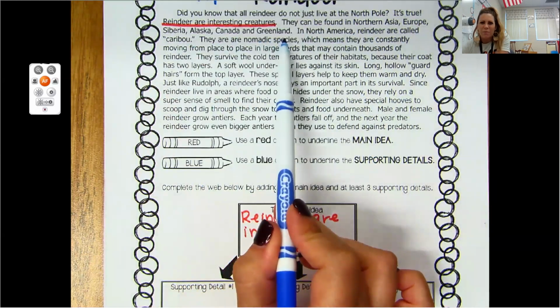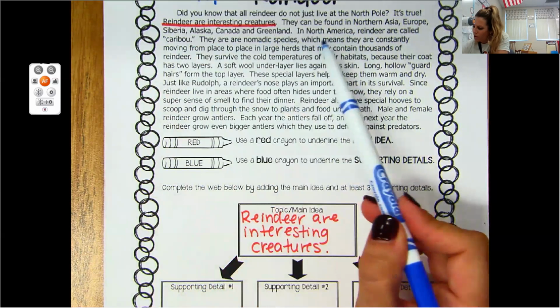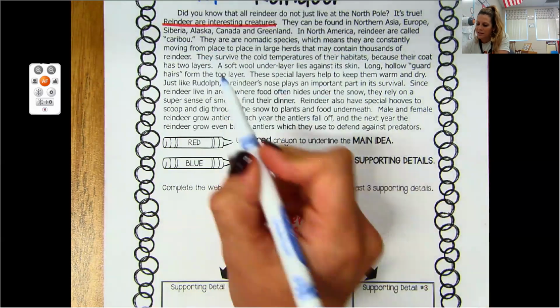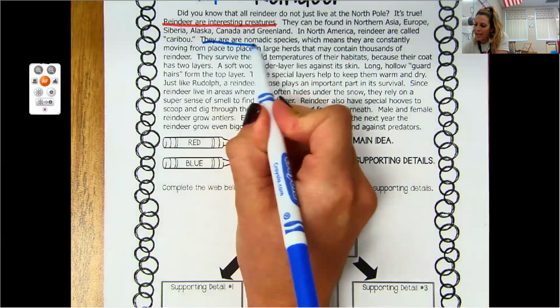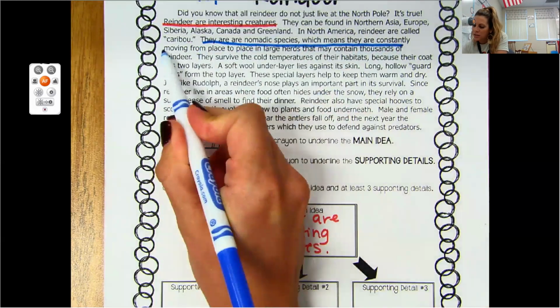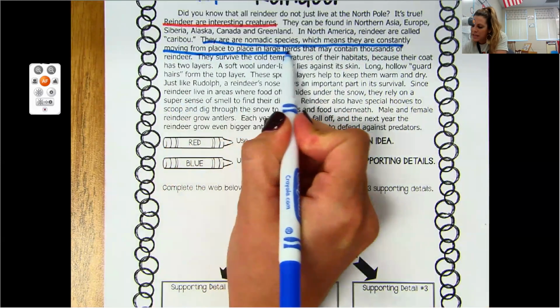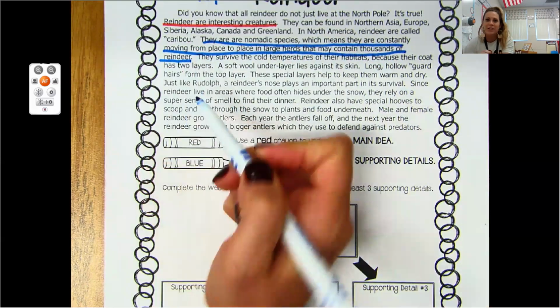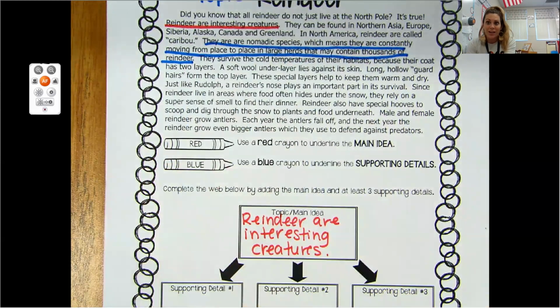That's not really what makes them interesting, though. Oh, what about this? They are a nomadic species, which means they are constantly moving from place to place in large herds that contain thousands of reindeer. If you did not underline that one, that's okay, but underline it now.